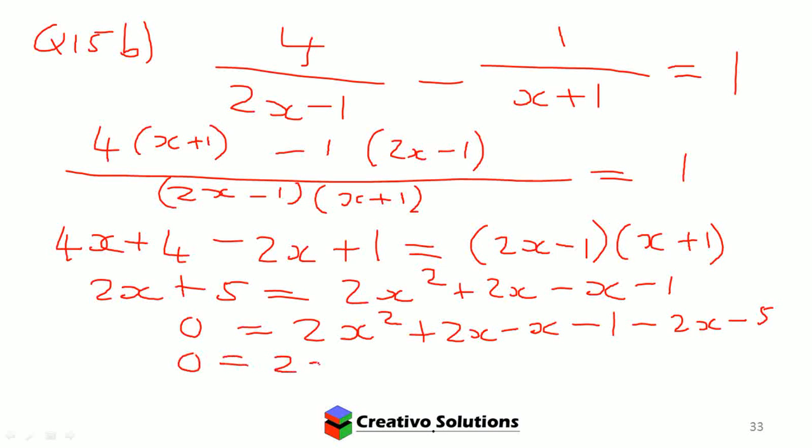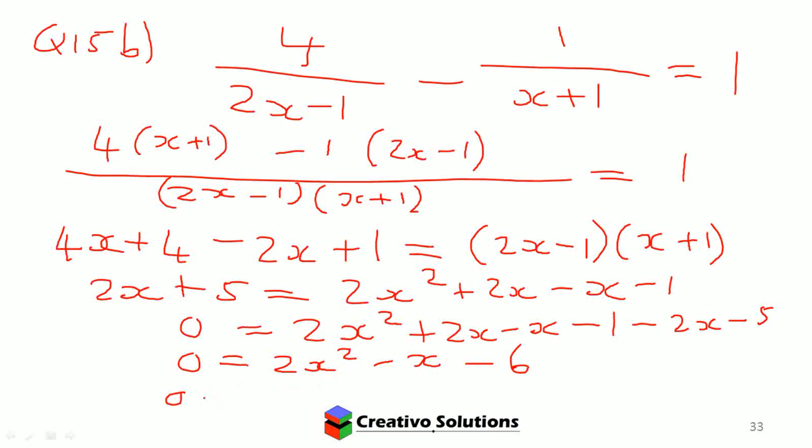Naught is going to equal 2x squared. 2x minus x is 1x. So 1x minus 2x is minus 1x, or minus x. And then we've got minus 1 minus 5 is minus 6. And that's what I've got there.